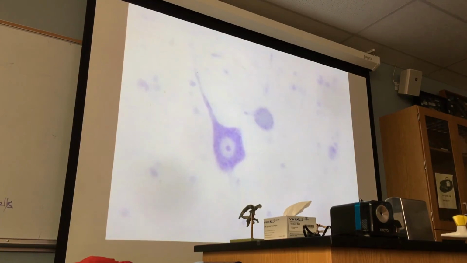Sarcoplasmic reticulum is the reservoir of calcium ions that you studied already. Okay? So some special cells have special names, and they have some organelles that are given special names. Sarcoplasmic reticulum for the endoplasmic reticulum in a muscle cell. Here, the rough endoplasmic reticulum has a name, Nissl bodies.